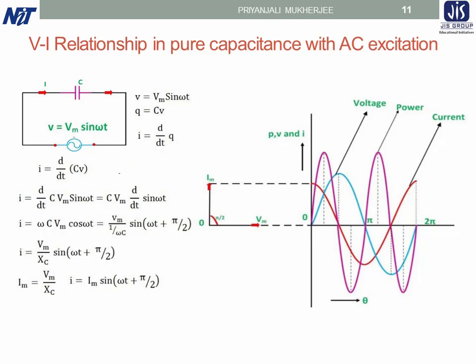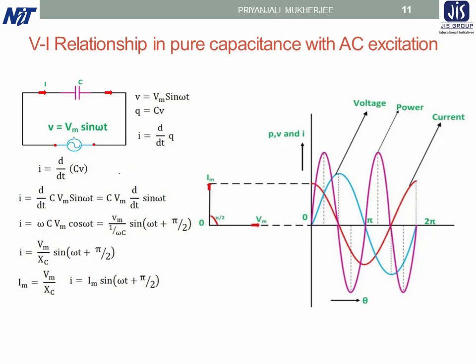The charging current will flow only during the period of build-up, and it stops as soon as the capacitor has attained the steady voltage of the source. It implies that for a direct current, a capacitor is a break in the circuit or infinitely high resistance.